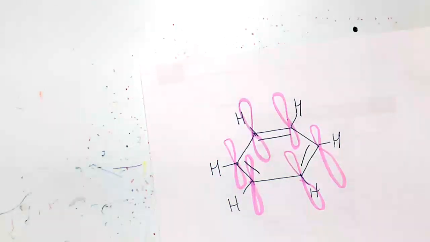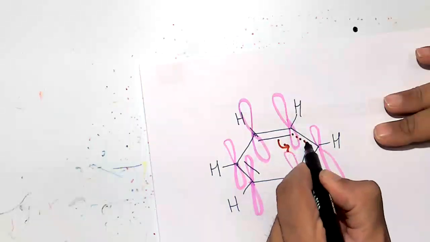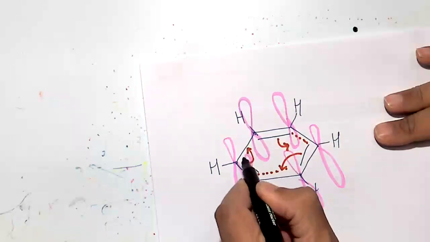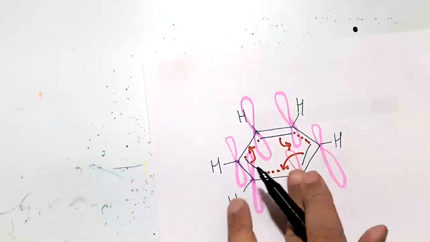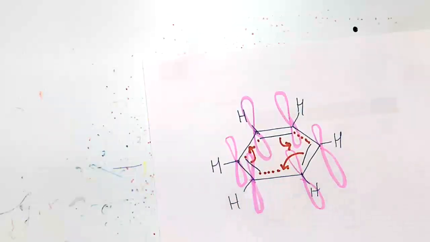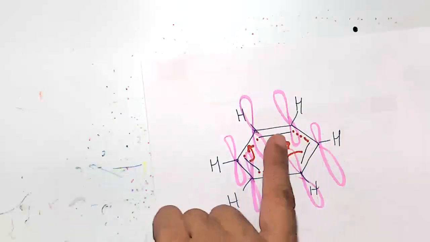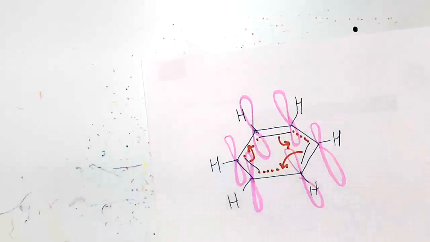And then because of the resonance, let's draw the resonance structure. Because of delocalization, there is also some double bond character over there, and some double bond character over here, and over there. Those are these orange dots because of the resonance.